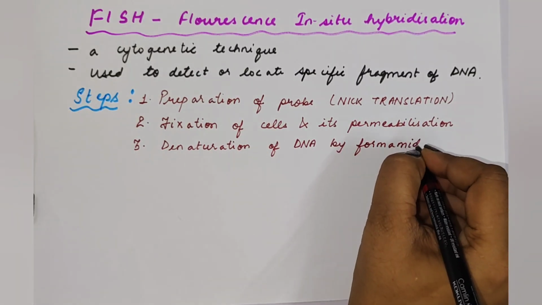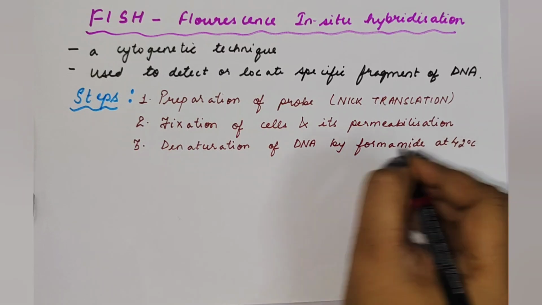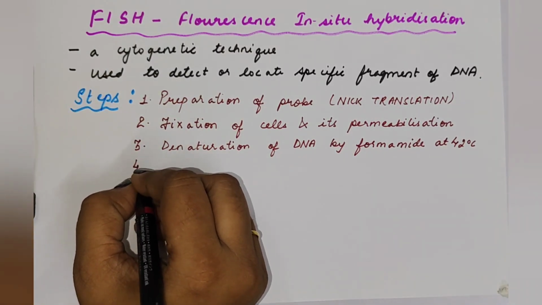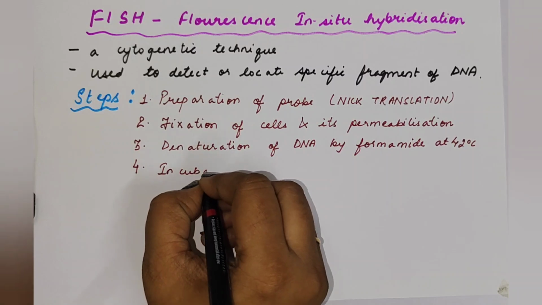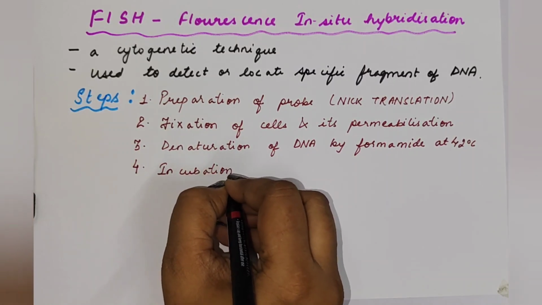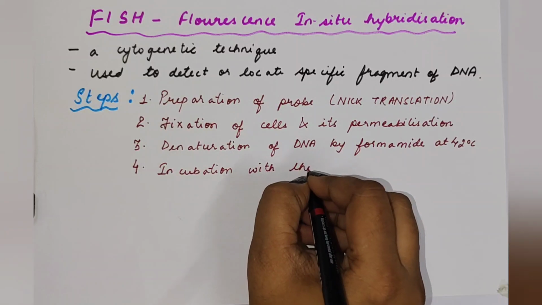Then the third step is the denaturation of DNA by a denaturing agent, that is formamide at 42 degree Celsius. Denaturation of DNA is done so that the probe may bind easily to the DNA.